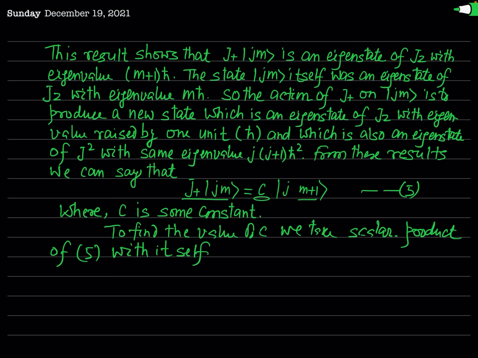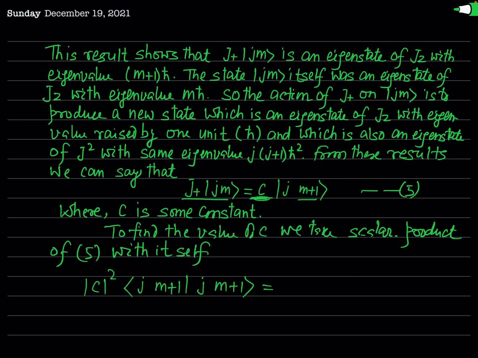In fact, I am writing the terms of the RHS in the LHS for convenience. So you can see c times c*, we will write it as mod of c squared, and a scalar product of |k, j, m+1> with |k, j, m+1>, and this will be equal to, now see the LHS, which I am going to write in the RHS.